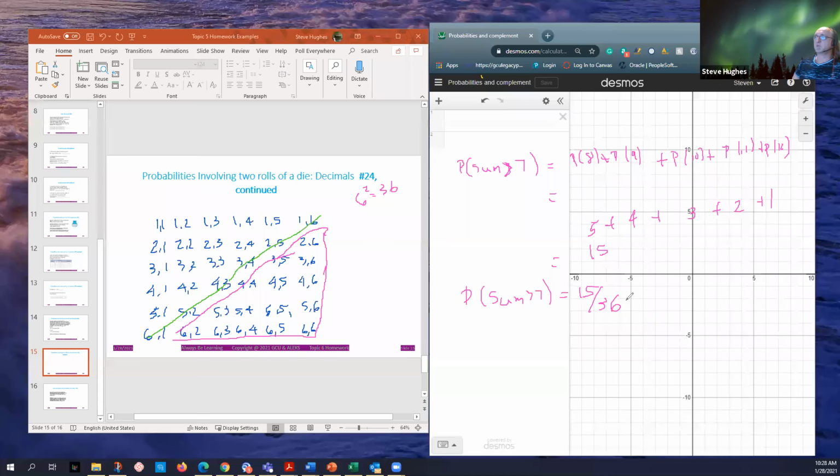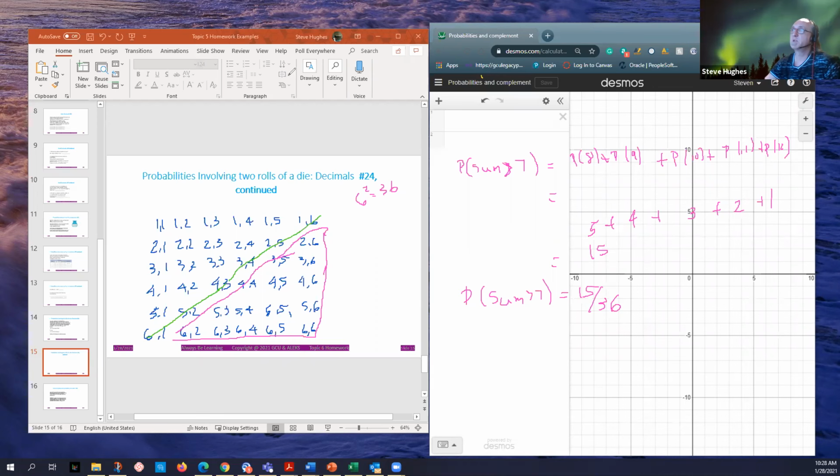Which means there are also 15 that have a sum less than 7. 15 and 15 is 30. There are 6 that have a sum of 7. So 30 plus 6 is 36, which is the total. All right, excellent. Good job.